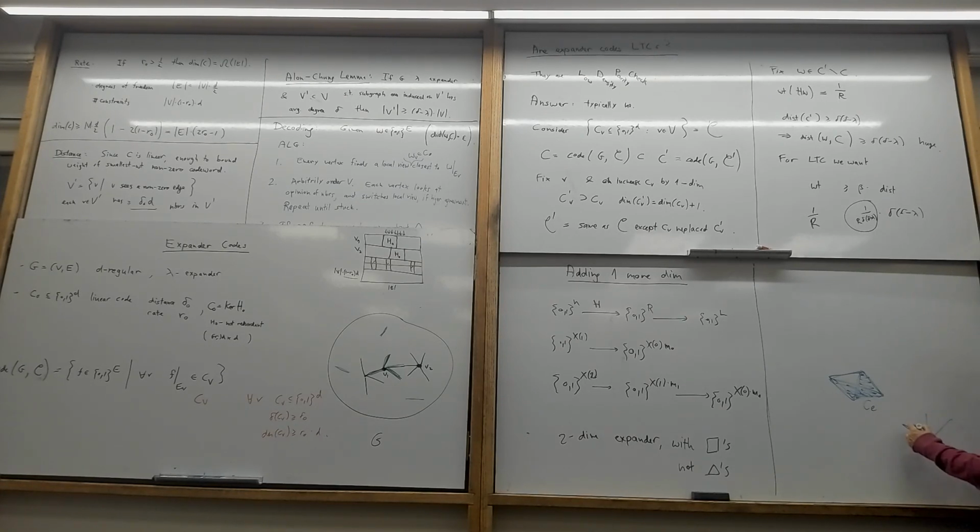Every edge, all the triangles around it were in some code, so you want these different codes to interact with each other, and there are some loops here. So you define the code by defining the code on the local parts, and now you look at the code from the point of view of the vertex, and somehow you want whatever this vertex sees to be an LTC, and that's the part that I don't know how to do.